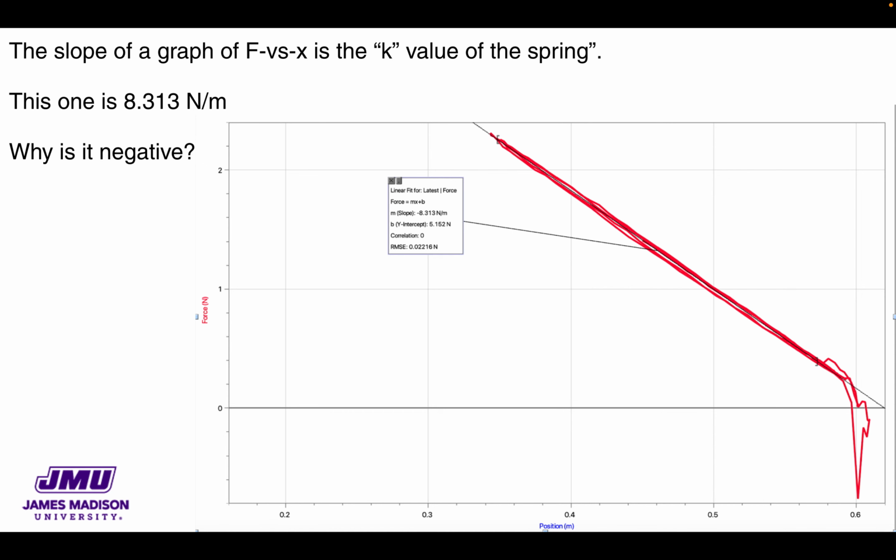A graph of spring force versus the amount it's stretched would be linear and upward. The point, though, is that the slope of this graph is 8.313 newtons per meter, and that is the k value, the spring constant of that spring I was measuring. That is the proportionality constant of the spring.